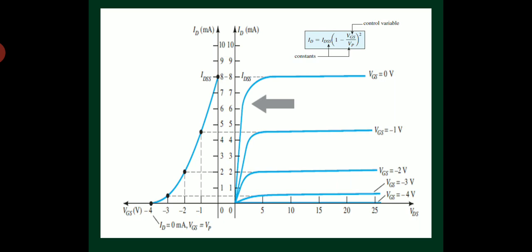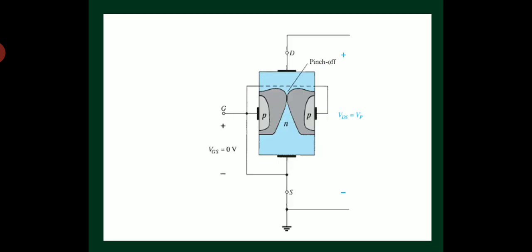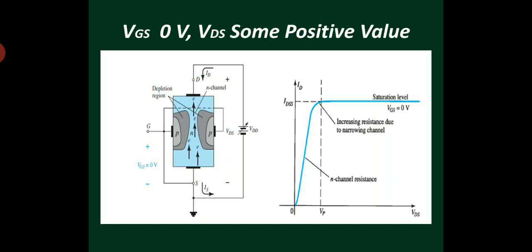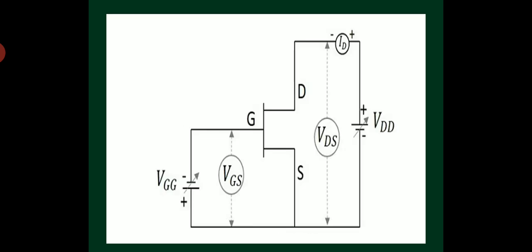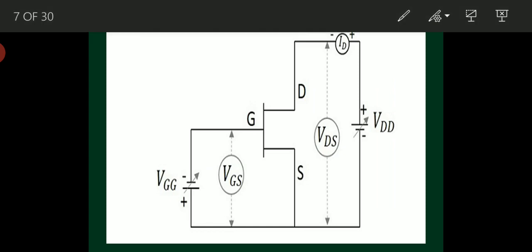Likewise, the drain characteristics are drawn between drain voltage versus drain current for different values of input voltage VGS.